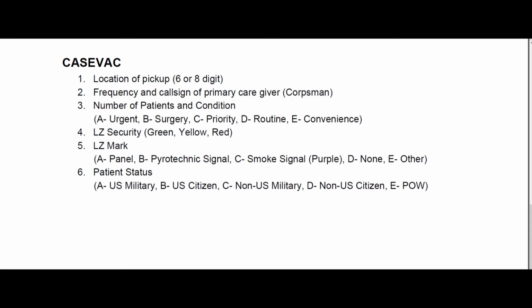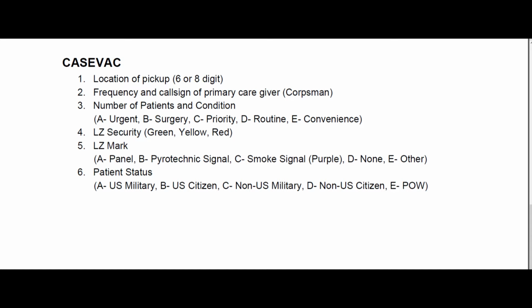These are ones that are a little bit less than surgery and less than urgent. However, they are still in need of urgent medical care and need to be out of there. Delta patients are routine. That is a patient that has a minor injury, however, is still in need of medical care, and they should be evacuated when the opportunity arises.